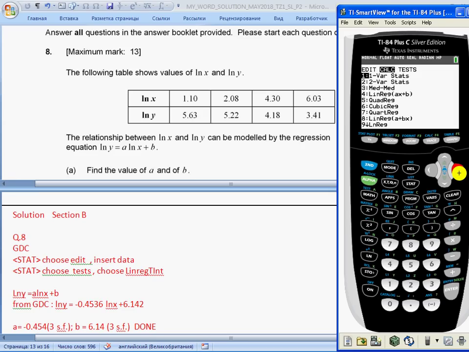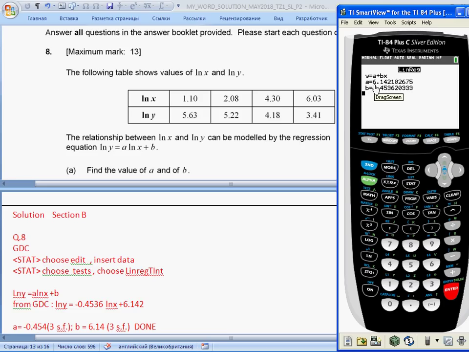Now we go to calculate, for example, and we can choose 8, linear regression, so 8. Here we just confirm L1, and here are results.